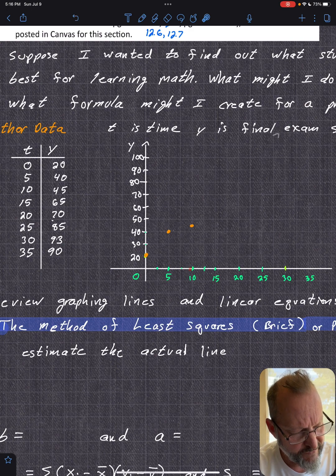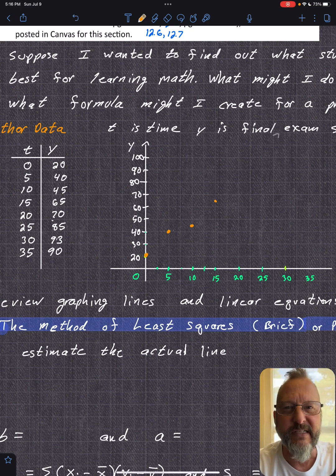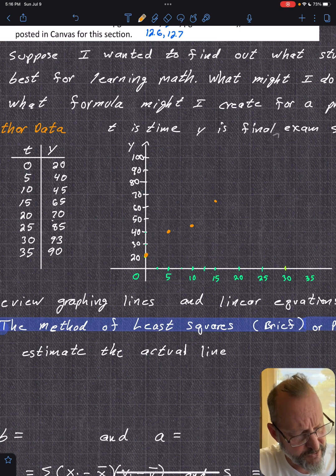10 was 45. 15 was 65. That should be here, so you can see those are a little off. Could be 15 days, I don't know. It doesn't really matter. You get the idea. But this is what you do. You plot them.